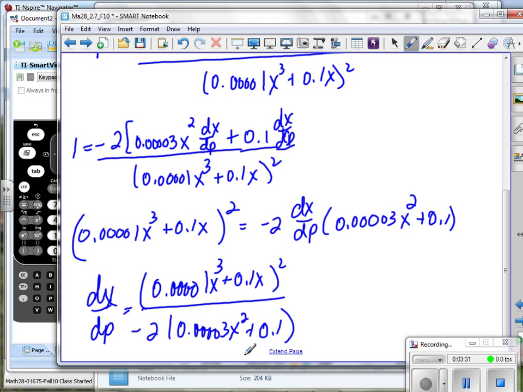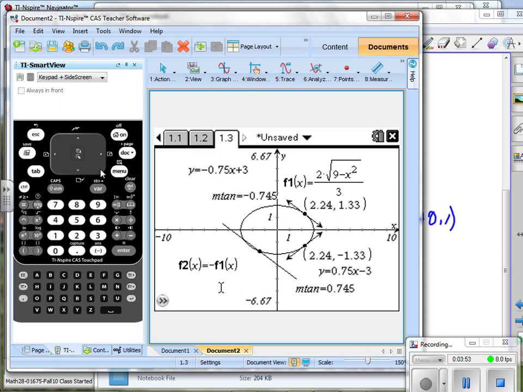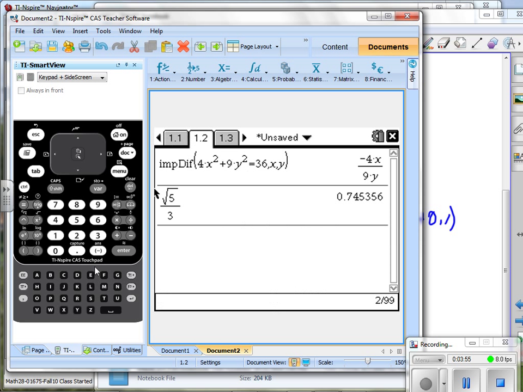Can we check it? Can we simplify it anymore? So tempting to want to do the x's here and so forth. Let's check it. I think we've got a calculator page. There it is.